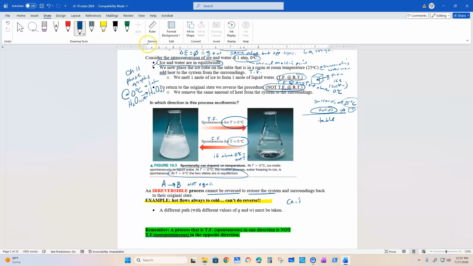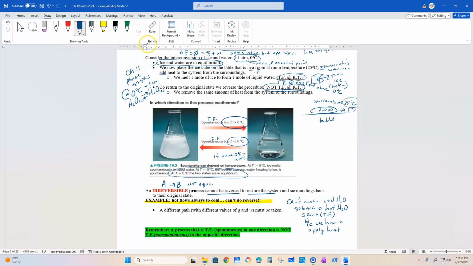So we can't make the cold water go back to hot water spontaneously, aka thermodynamically favored, because we have to apply heat.